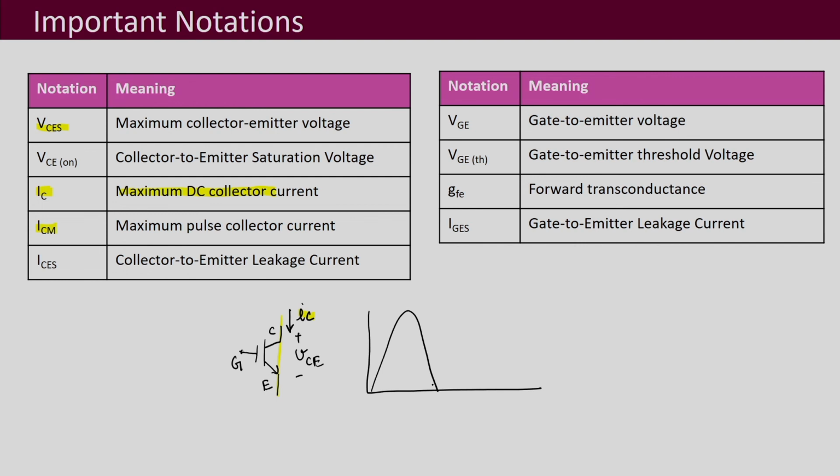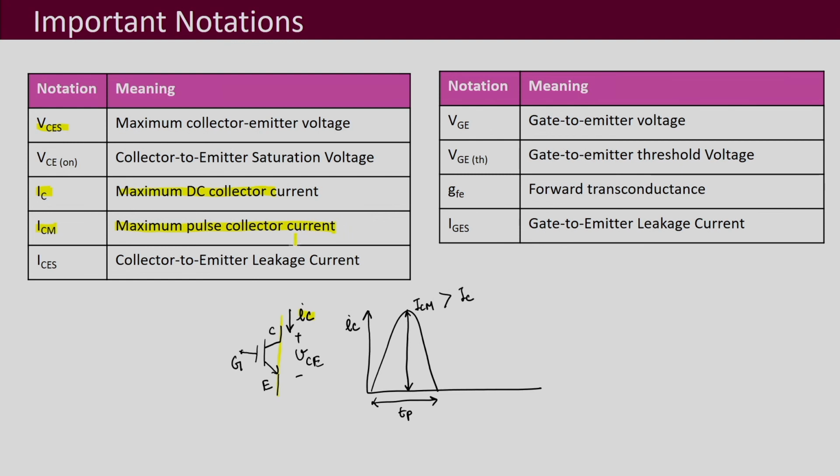When you give this kind of a pulsating current, the IC that the device can withstand can be much greater than your IC DC continuous current rating, but this time period may be very short. So, that is your maximum pulse collector current.